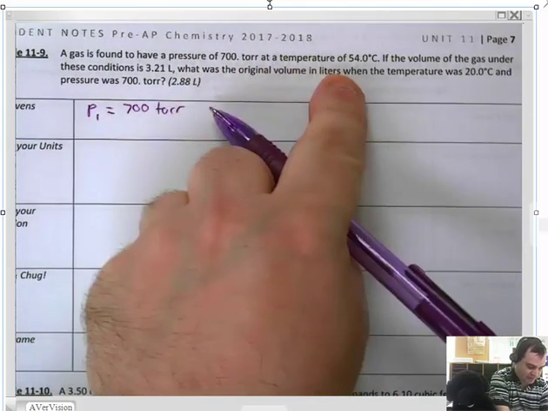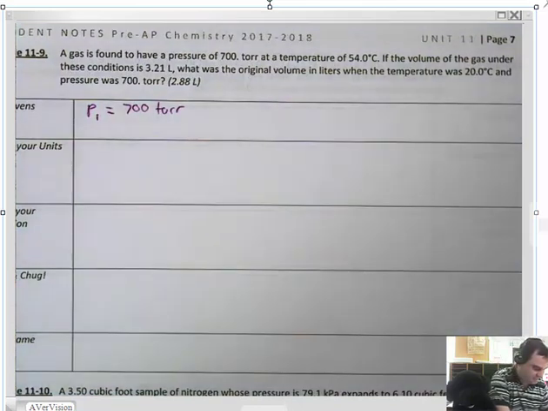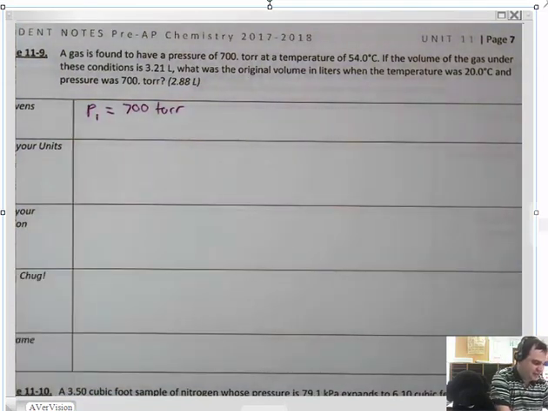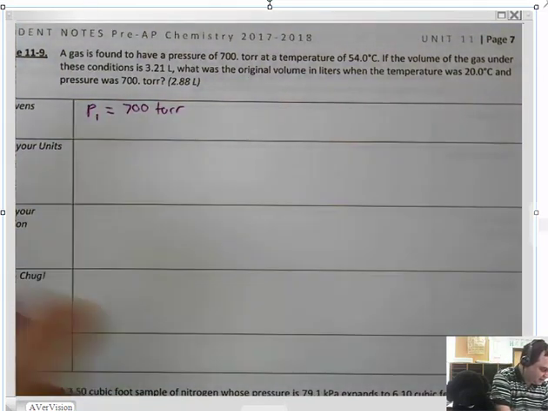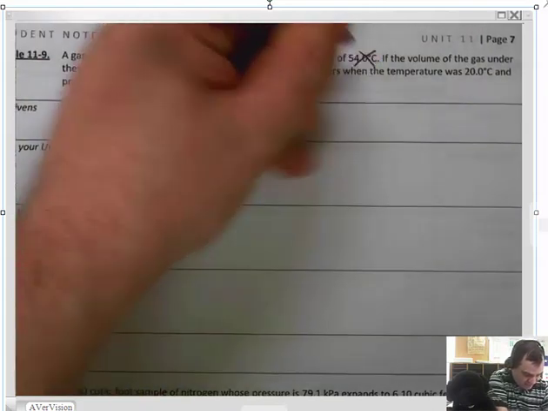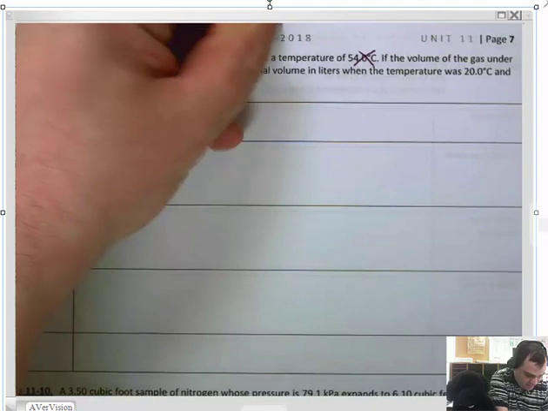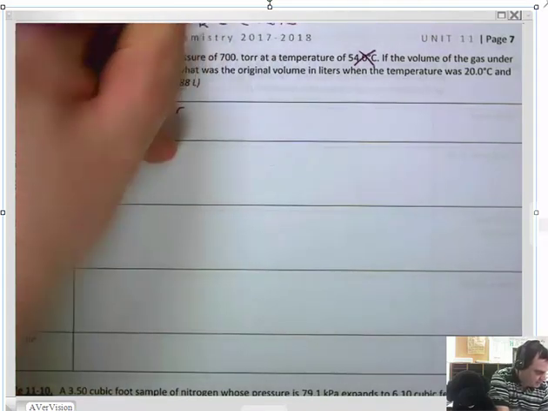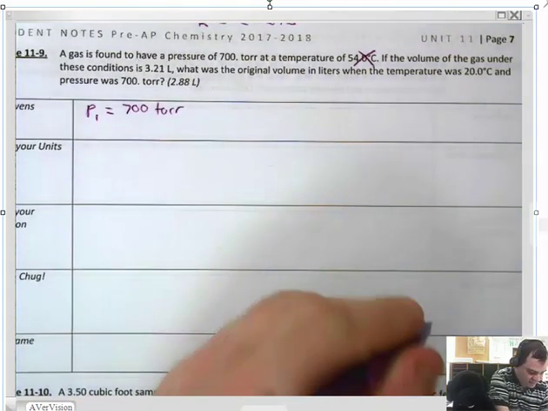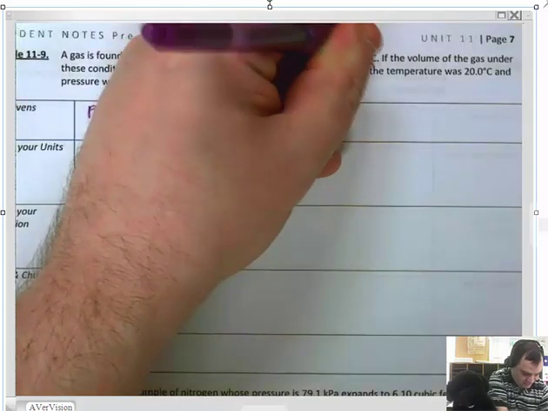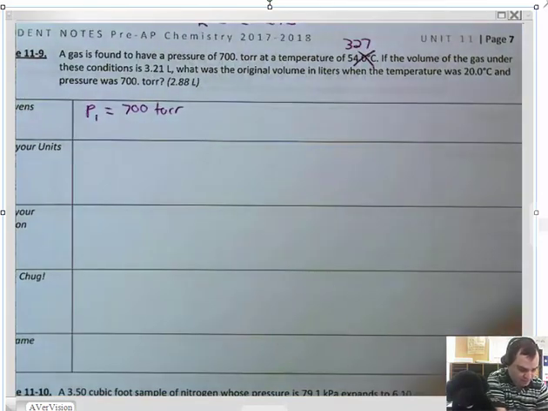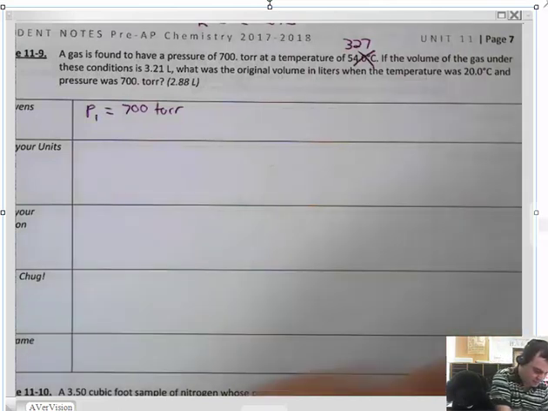And is at a temperature of 54 degrees Celsius. We cannot use Celsius. We have to cross that out, and remember, Celsius plus 273 equals Kelvin. So here we're going to use 327. Let me double check that though. Yeah, 327.